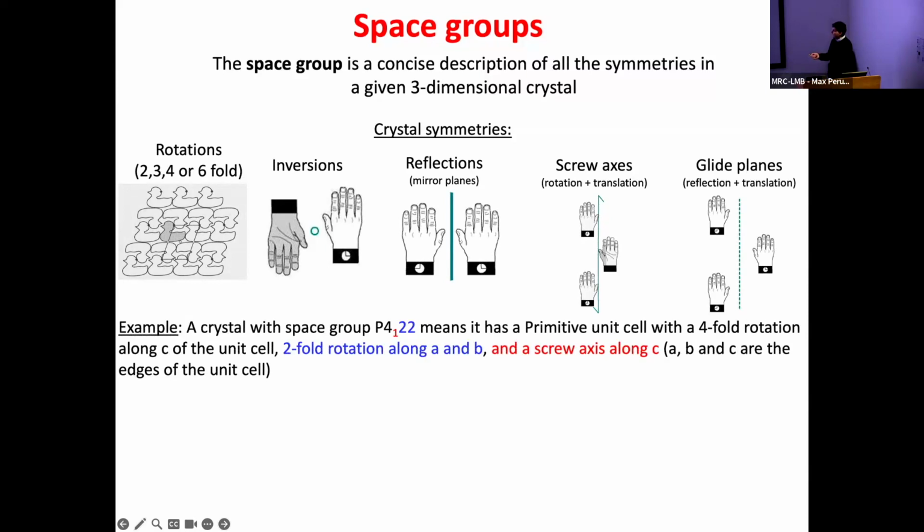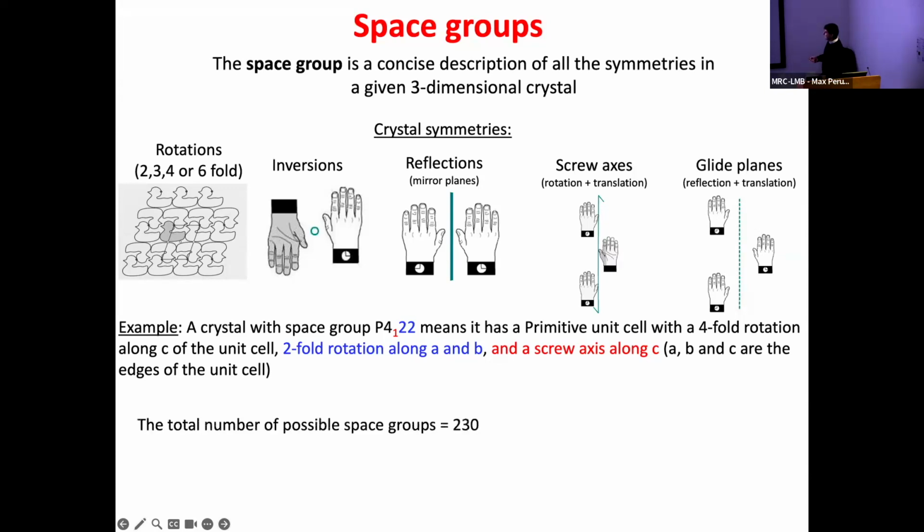If you remember from before, it is the primitive type. The larger numbers, 422, are the rotations. This is the rotation along the C edge of the cell, and the 22 are along the A and B sides of the unit cell. The smaller numbers instead represent the screw axes. So there is also a screw along the 4-fold rotation axis along the C edge.